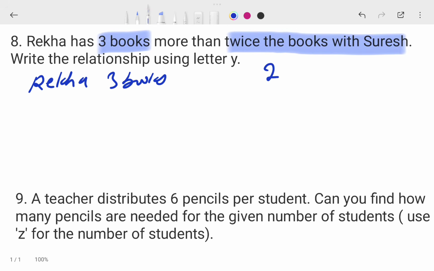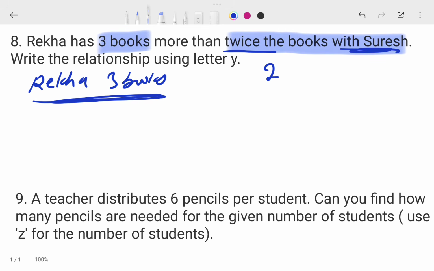Then twice the books of Suresh, how many books? It has twice, meaning it's 2 times more than Rekha. Okay, na? Rekha has 3 books, that's good. But more than twice means Suresh has 2 times extra books.